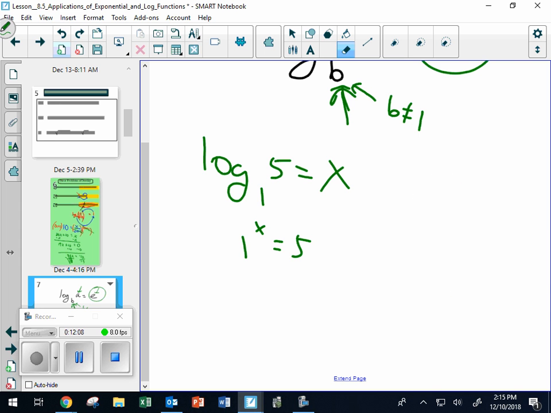And yes, I get log base 1 of 1 seems like it would work, because you can put 1 to the 1 power and it equals 1. But I challenge you with this. Just because it works once and it won't work for any other numbers means that it's the exception to the rule.